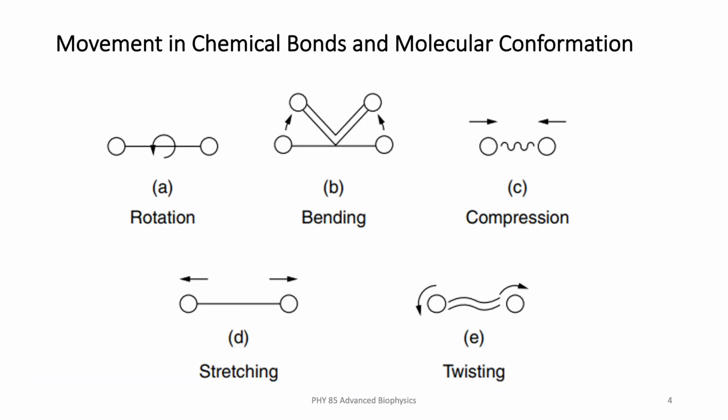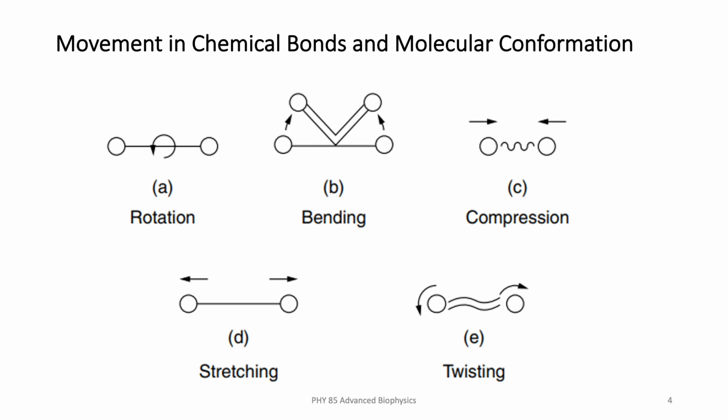Covalent bonds typically have various amounts of flexibility. This flexibility, depending on the particular bond, can allow for movements such as free rotation, like a wheel and an axle, and spring-like movements such as bending, compression, extension, and twisting. This figure shows the types of movements commonly found in chemical bonds.